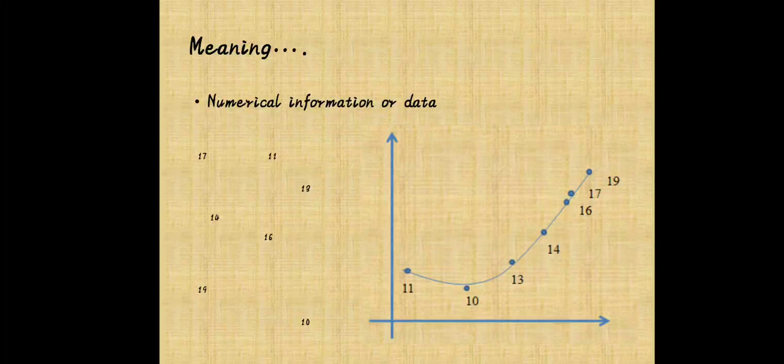Statistics is numerical information or data. In the slide we can see there are two different images. In the image on the left hand side, there are just various numbers in a scattered manner, whereas on the right hand side, the numbers when joined with lines give us specific information about the data, that these are numbers which show growth in specific terms.